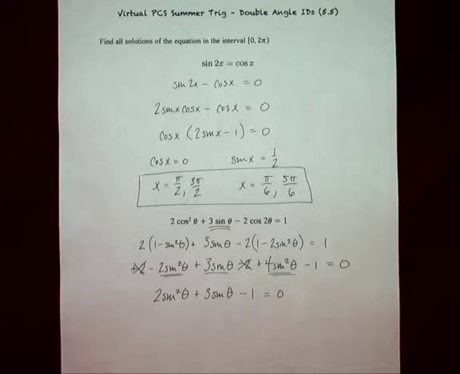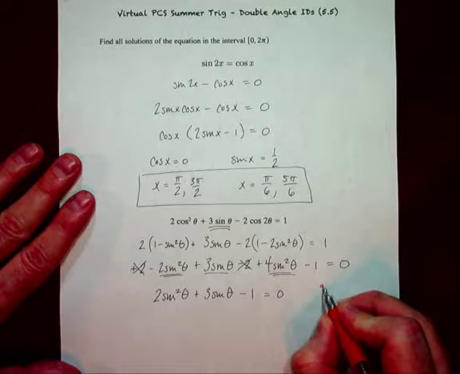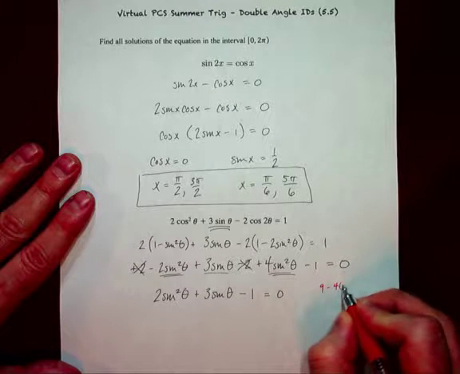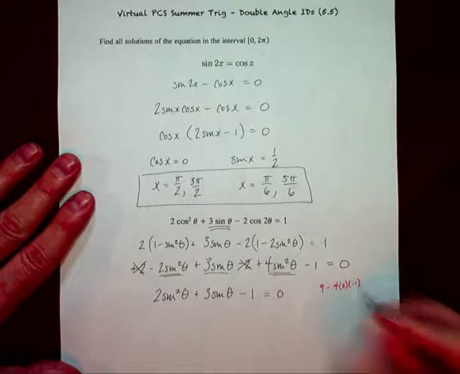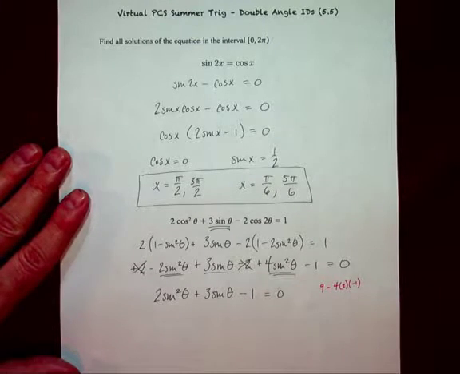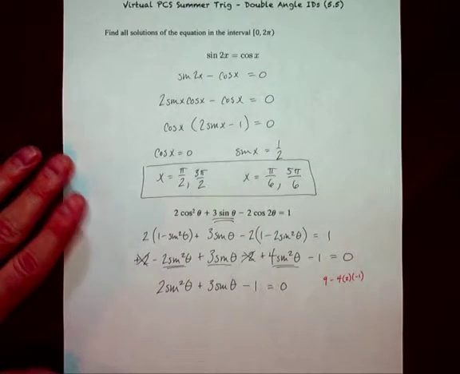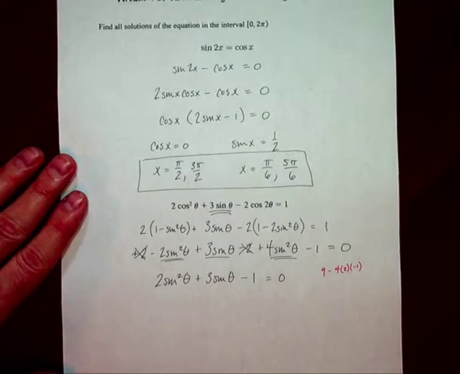Now, the question is, does this factor? Well, you can always do your b squared minus 4ac, and that's going to be 9 plus 8, or 17. It doesn't factor, okay? You could use the quadratic formula, or you could complete the square.